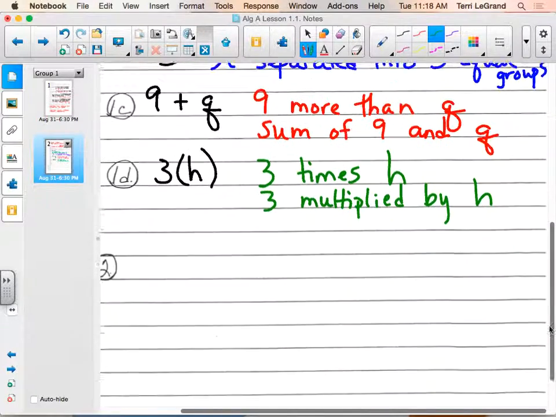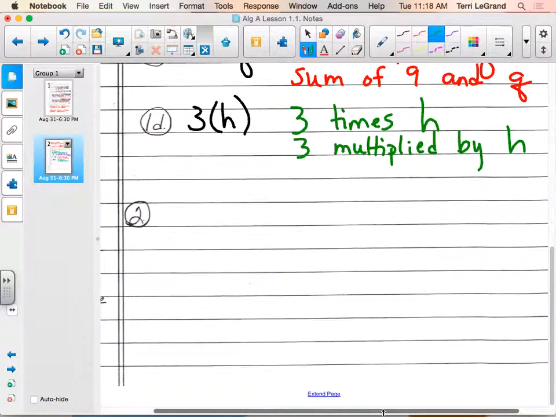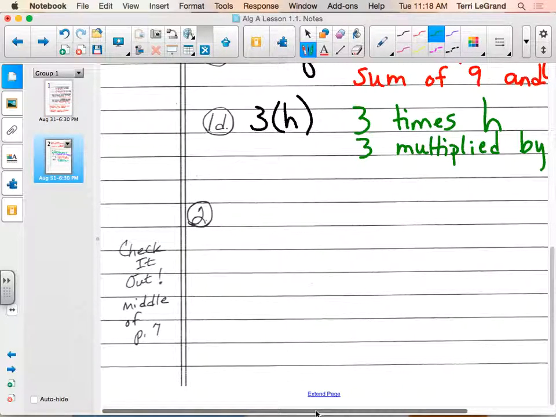Okay, what I'm going to expect you to do for me is to do number 2 on your own. I want you to finish along with the homework you have to. I want you to finish up these notes. How are you going to do number 2 on your own? What's the first thing you should do? Go to example number 2. Where is example number 2 in your book? Page 7.